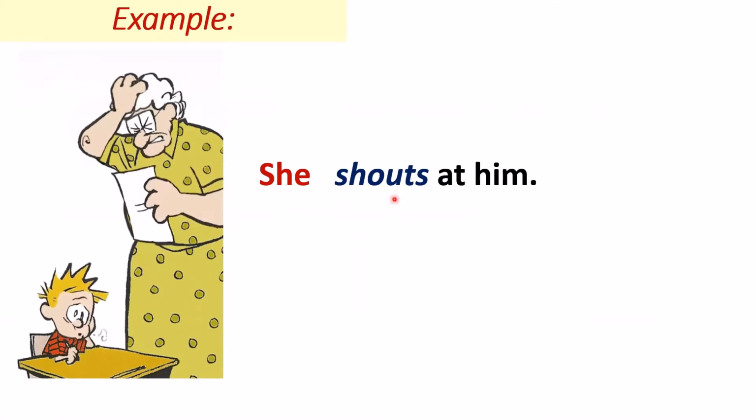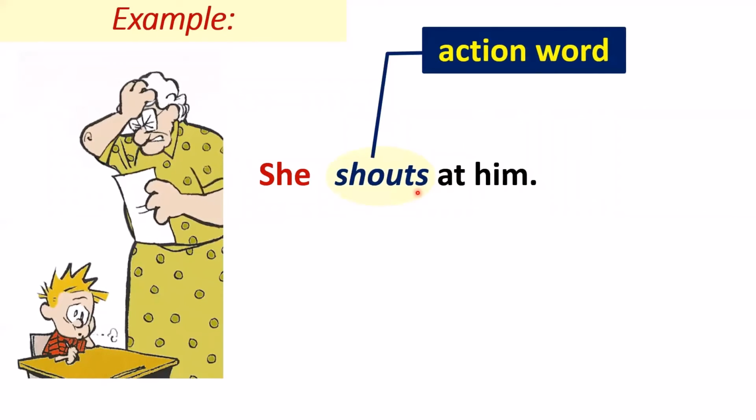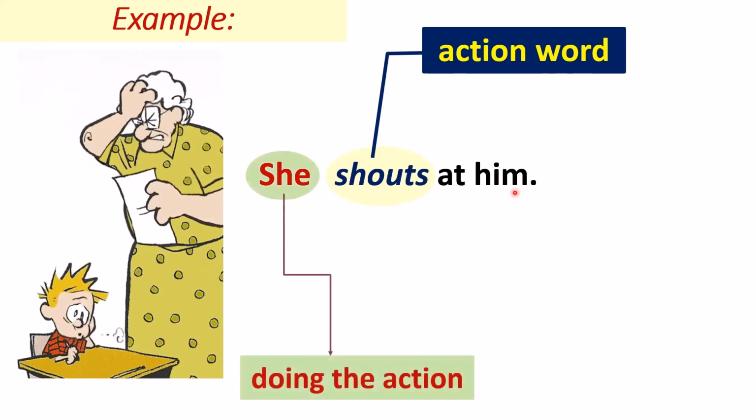She shouts at him. Again in this sentence, first you have to identify the action word, the work done in this sentence. So here the action word is shouts. The effect of this action word is falling on whom? Him.